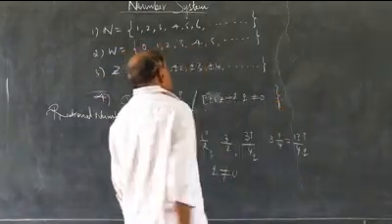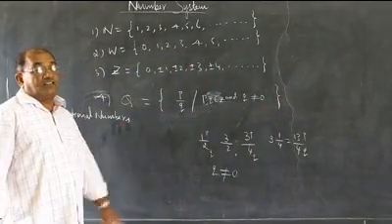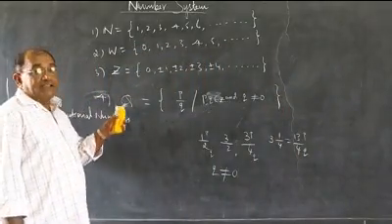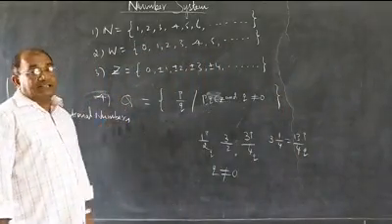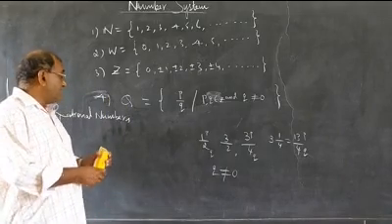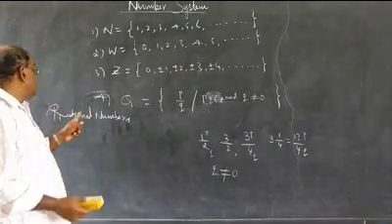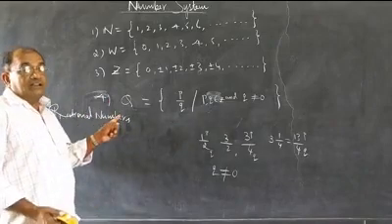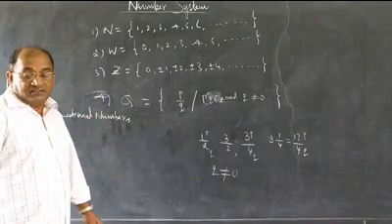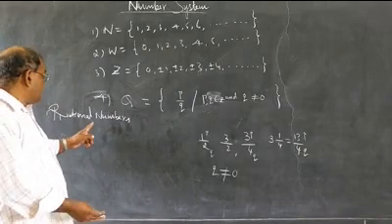So this is the standard definition of the set of rational numbers in our high school level. So how to define the set of rational numbers?